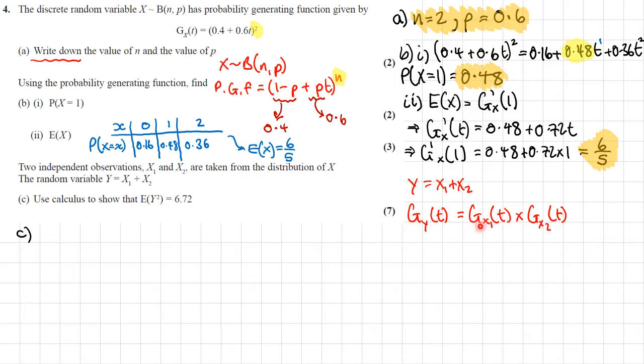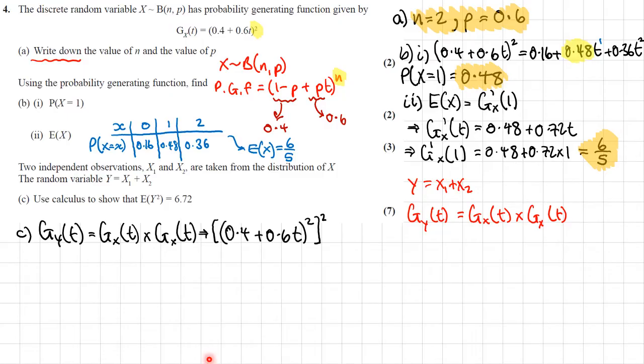However, X1 and X2 are taken from the distribution of X, so they are just X. So my probability generating function for Y is going to equal the probability generating function for X times itself, so here's the PGF for X squared. When we square anything, we double the power, so I can write it as power 4.